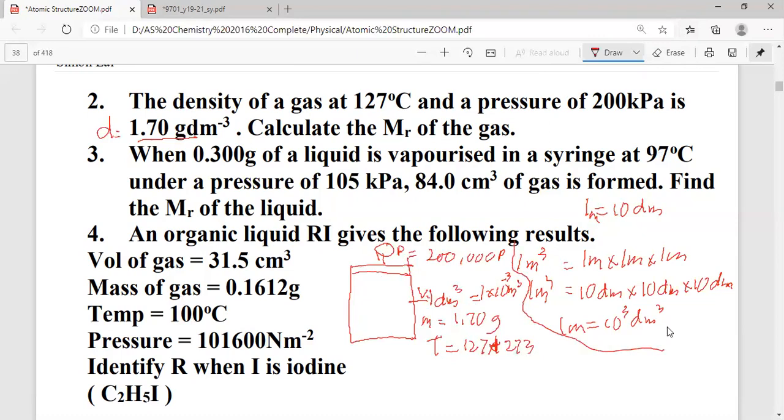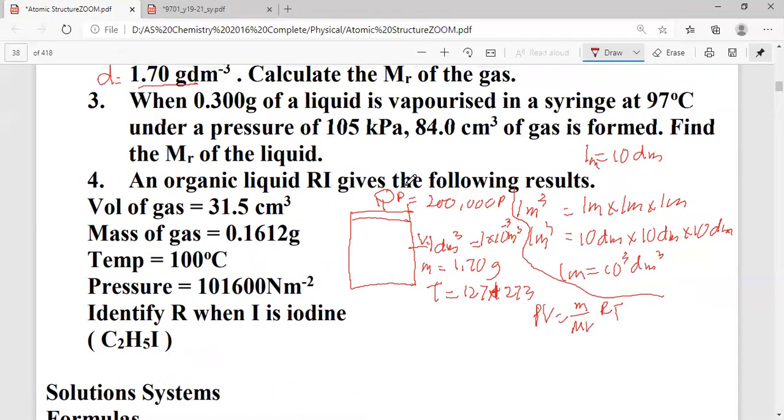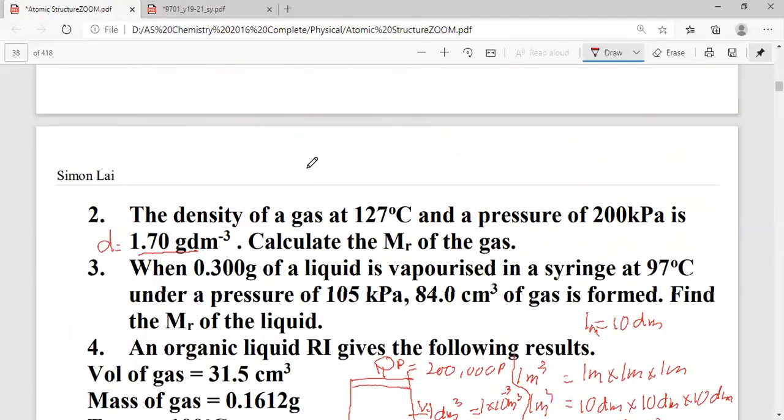So can solve or not? Can, is it? You apply the same equation: PV equals M over MR times RT. Substitute inside, you can solve it. Now next question, I just show you a different type of thing.